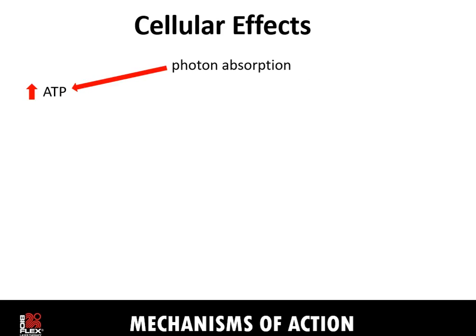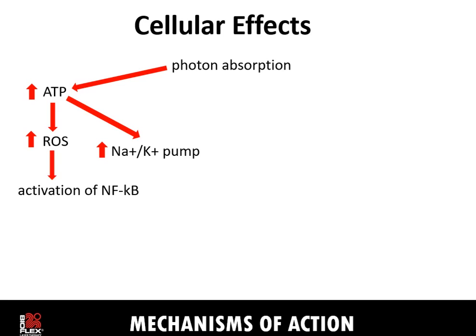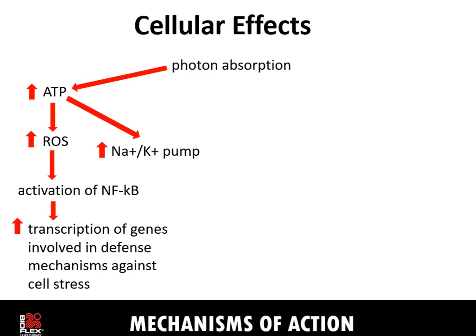So the main cellular effect I've just mentioned is an increase in ATP. As I mentioned as well, it can have an impact on reactive oxygen species. As well, it can have an impact on increasing the efficiency of the sodium-potassium pump in the cell. As ROS, or reactive oxygen species, increase, it activates an enzyme called nuclear factor kappa beta, which is a really critical enzyme for triggering transcription of genes involved in the defensive mechanisms of cellular stress.